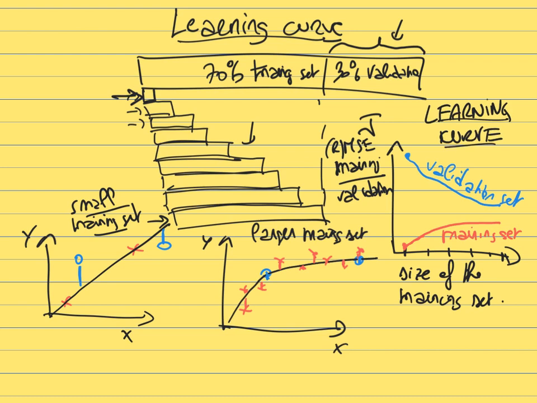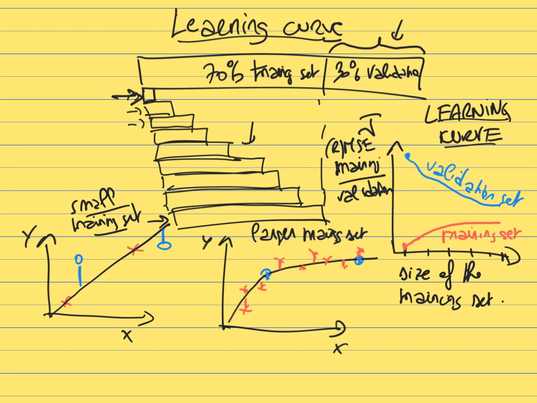The validation error will always decrease with the size of the training set, and the training error is always going to increase when you increase the size of the training set. So this is going to be the general shape of the learning curve. It's always going to look like this.